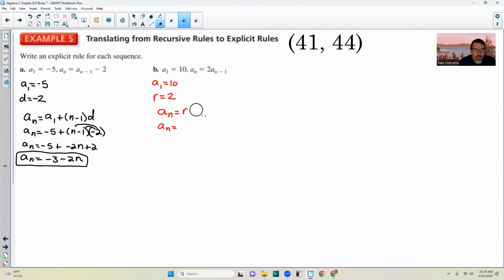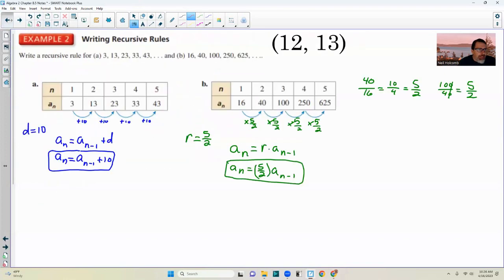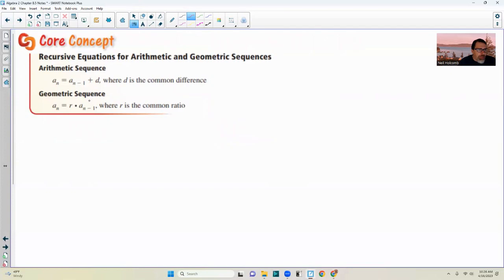It's a sub 1 times r, my fault. It's a sub 1 times r, and then that r is to the power of n minus 1. I was mixing up my rules from before. It's the first term times the common ratio to the n minus 1. My apologies. So if we go back here, it's this right here. These are what we're using.